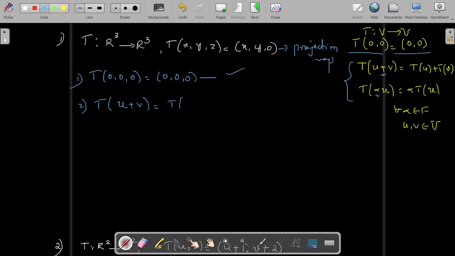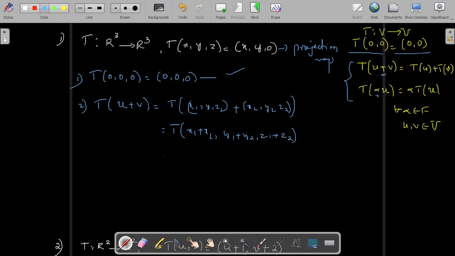You take x1 y1 z1, one vector from R cube, and another, x2 y2 z2. This is equal to T of x1 plus x2 comma y1 plus y2 comma z1 plus z2.